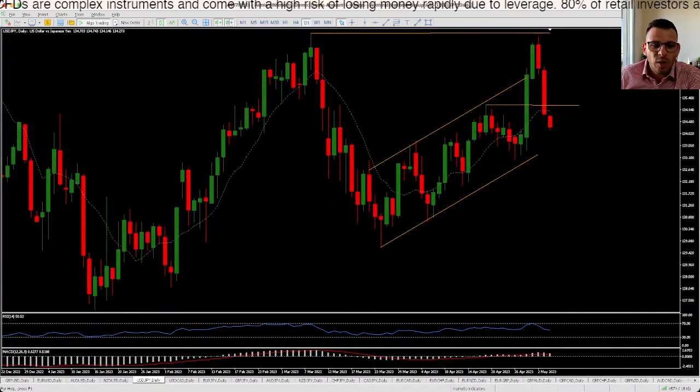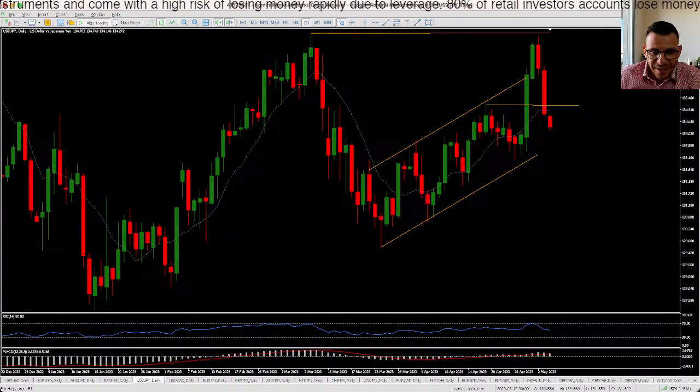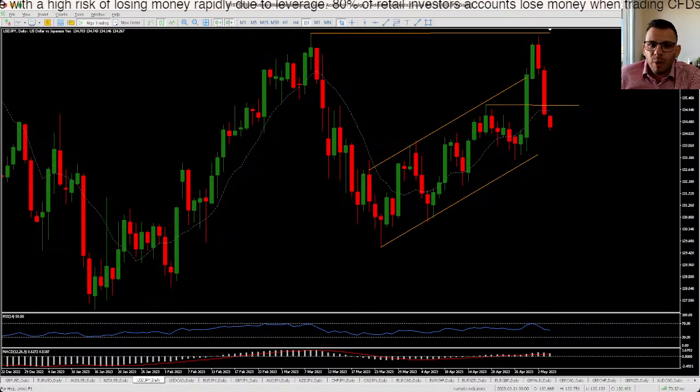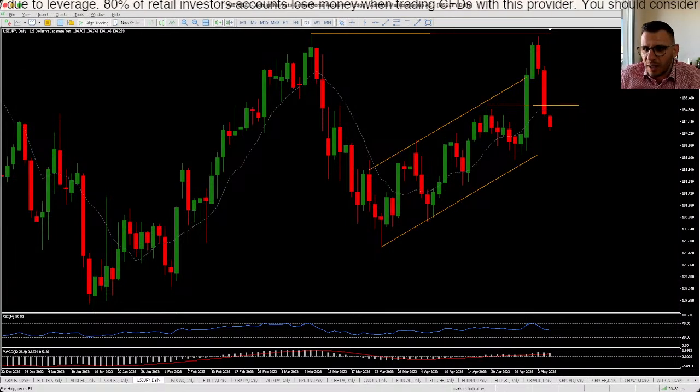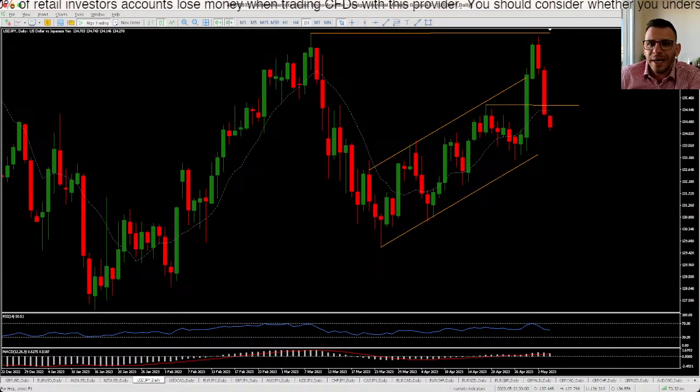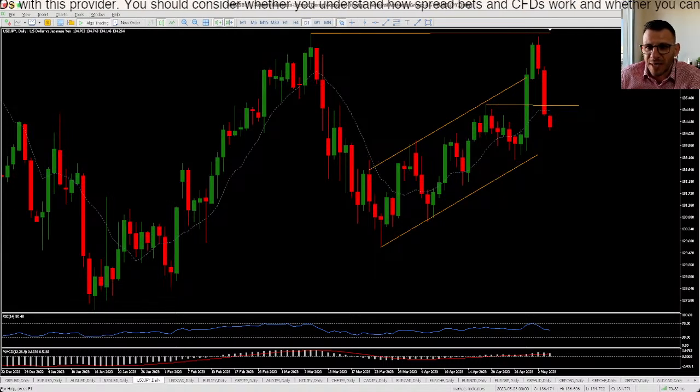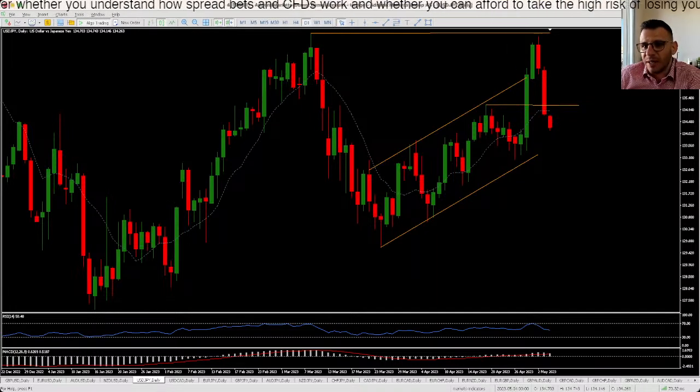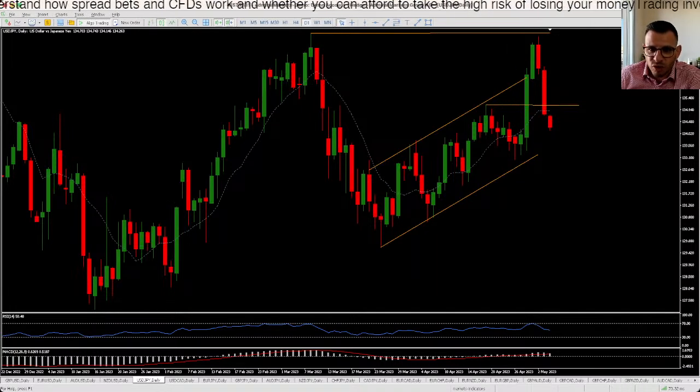Next, US dollar, Japanese yen. The profit target from this move to here, it played out. Now that bearish dark cloud price action candlestick line shows that the market can drop, is dropping.